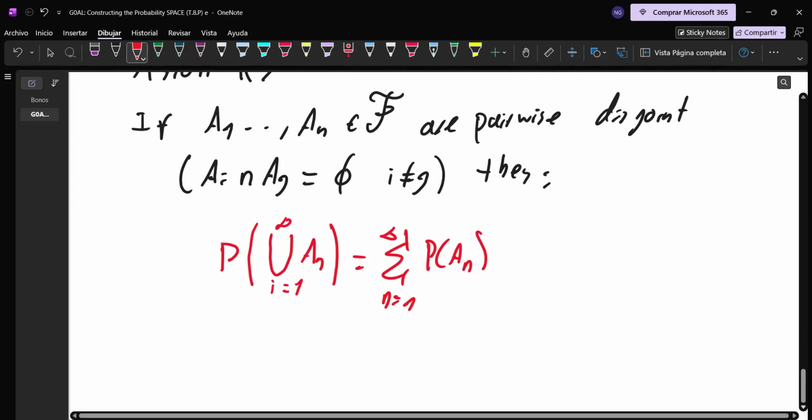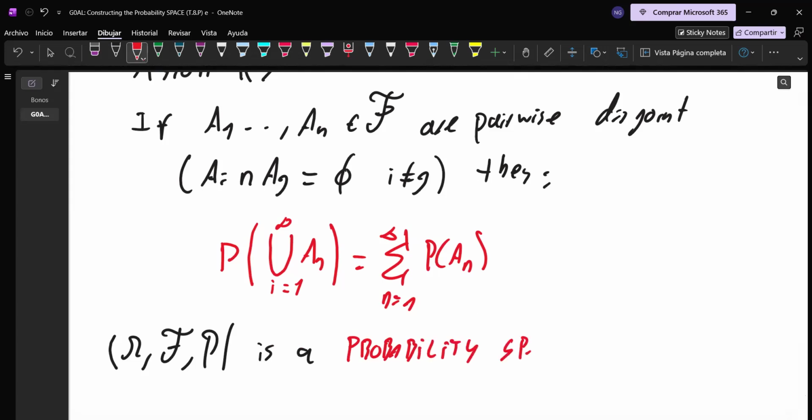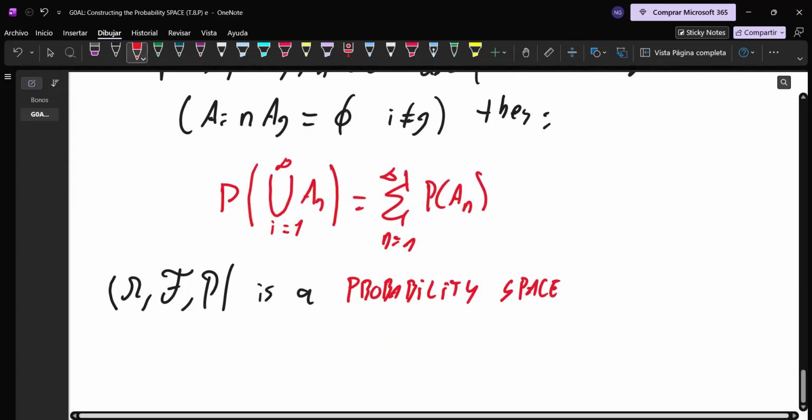And then we have this thing, which is a probability space. Okay, this is the probability space.